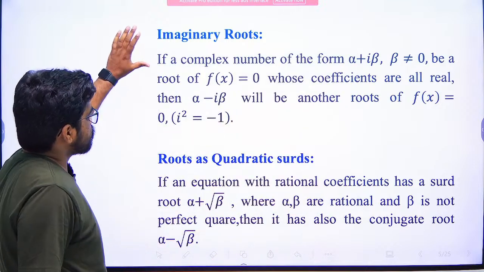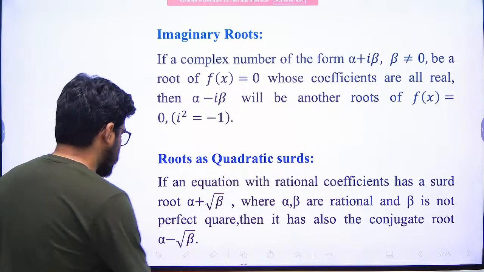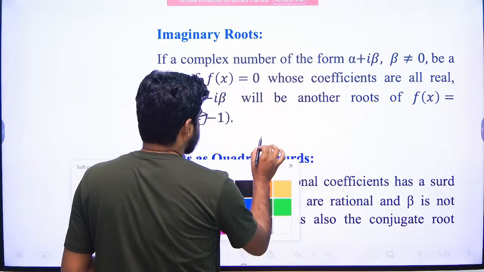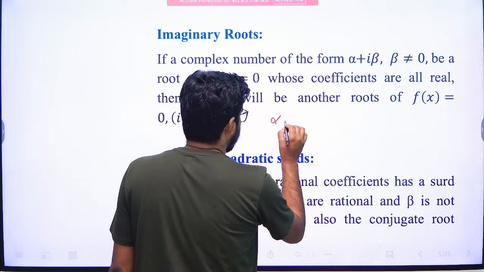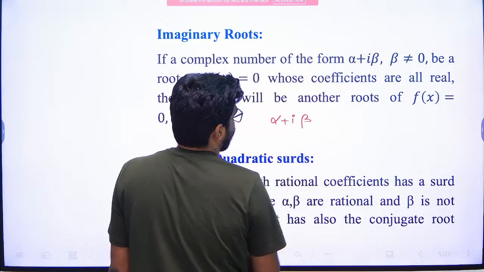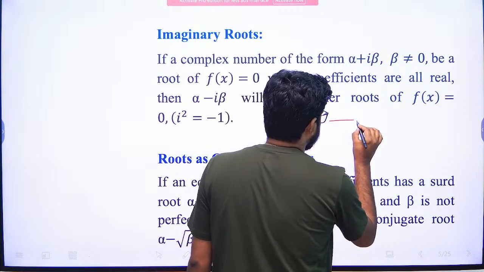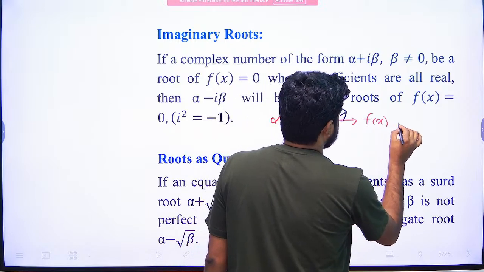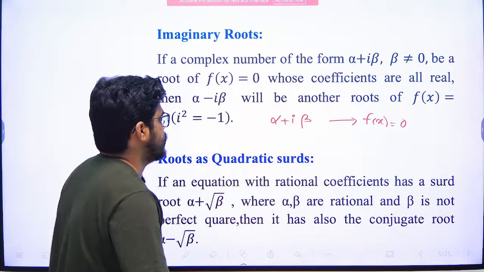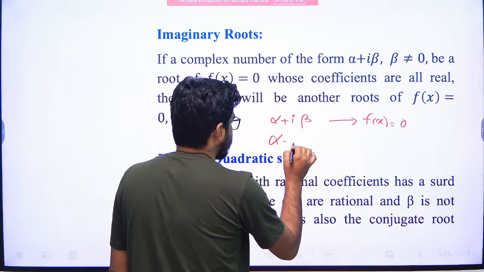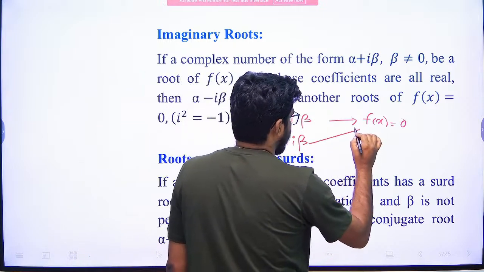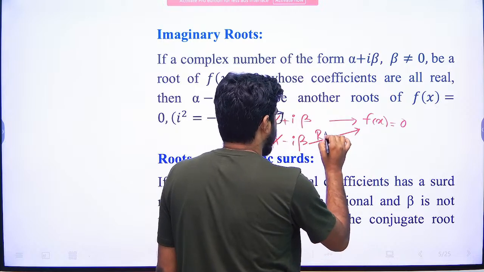So if a complex number of the form alpha plus i beta, where beta is not equal to 0, is a root of the equation f(x) is equal to 0, then alpha minus i beta will be another root.